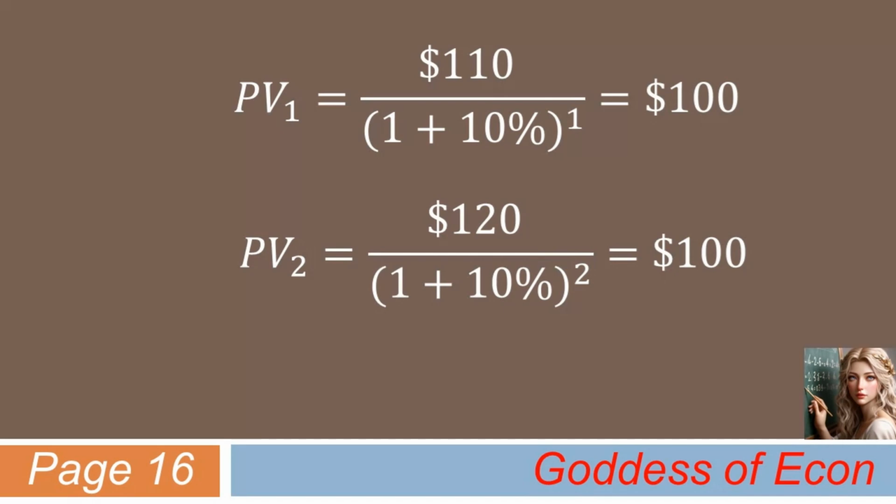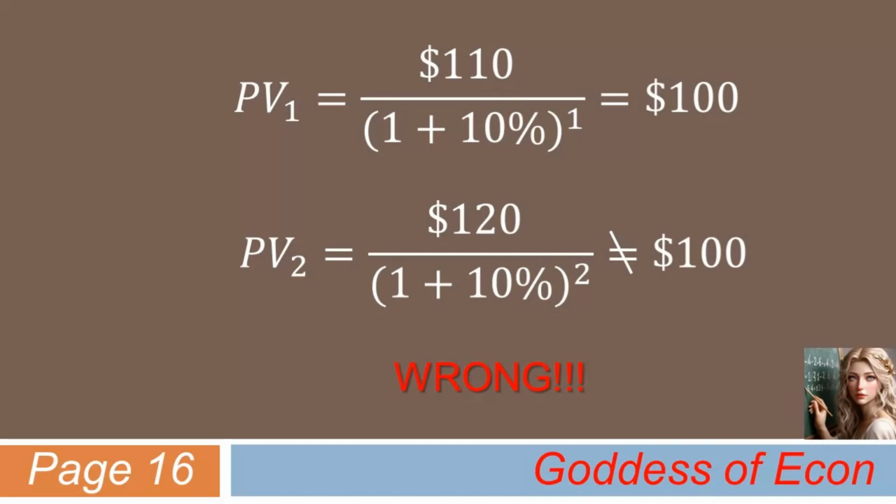Do you agree? Well, sorry guys. I have tricked you. This is a wrong answer. Due to compounding, $100 today will grow to $110 in 1 year, then $110 will grow to exactly $121, not $120 in 2 years. So the present value of $121 is exactly $100.